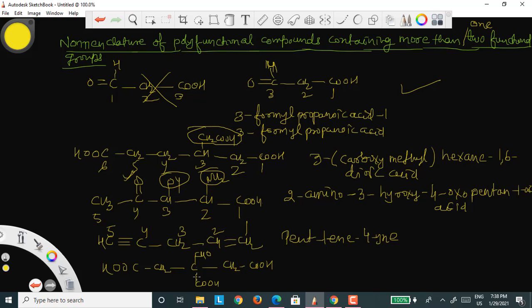The substituent is 3 coming. So either way you give, no problem, both ways are symmetrical, 1, 2, 3, 4, 5. So this becomes substituent, this becomes substituent. These two are substituents. Now the substituent CHO is given formyl.